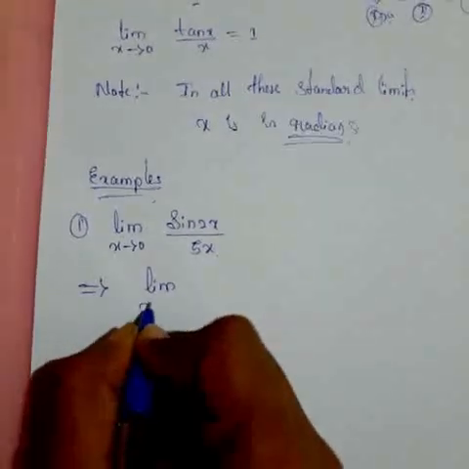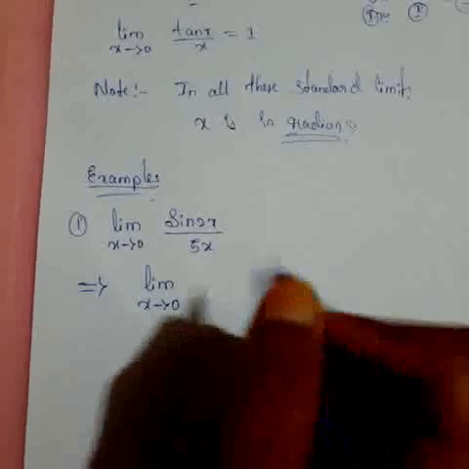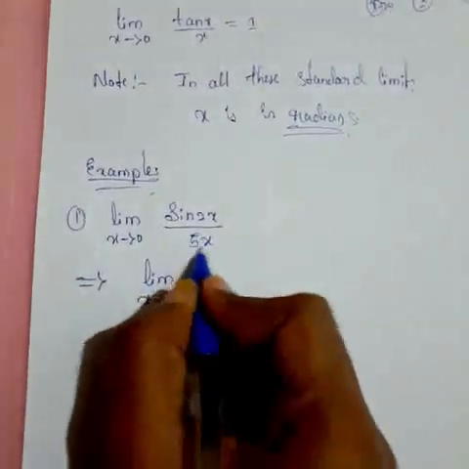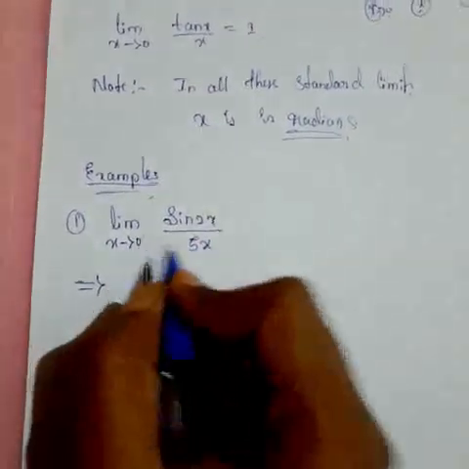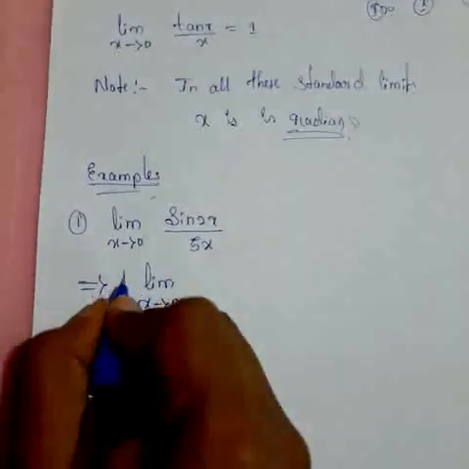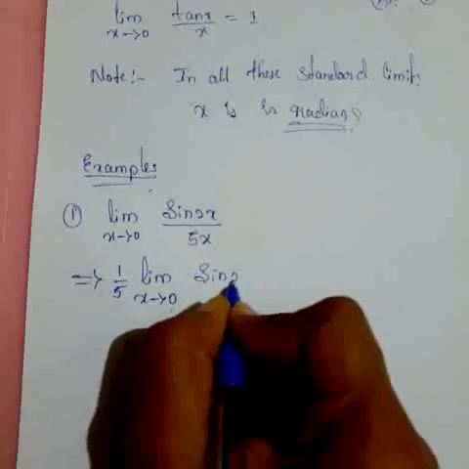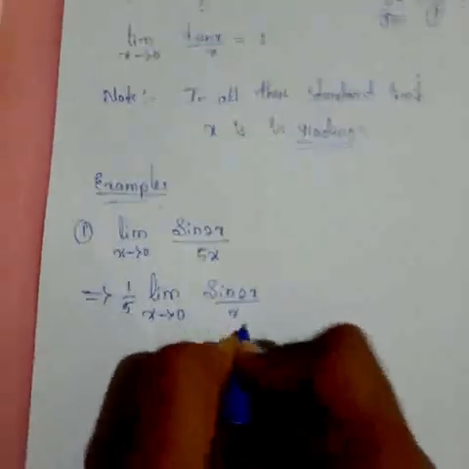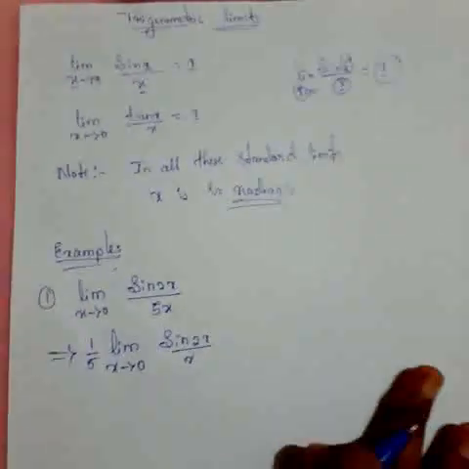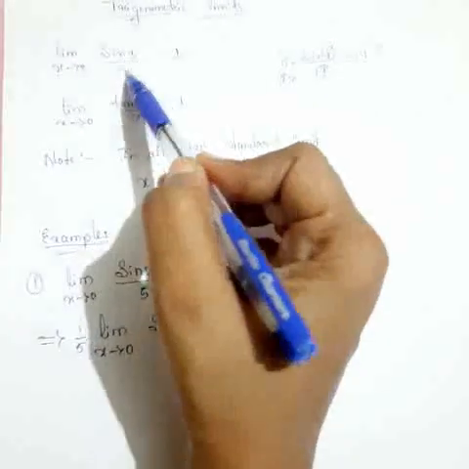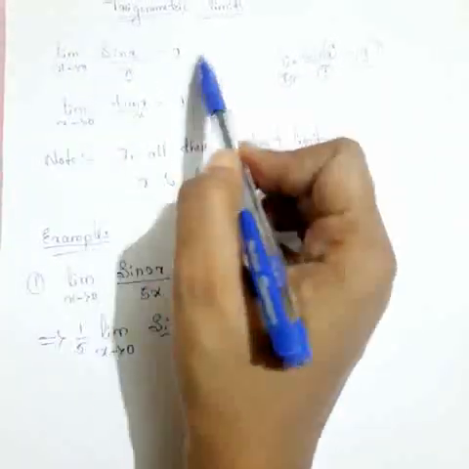Just look here. Limit x tending to 0. Take 1 by 5 outside, like a constant. Then sin 2x divided by x is there. Our standard formula is sin x by x, as x tends to 0, the value is 1.